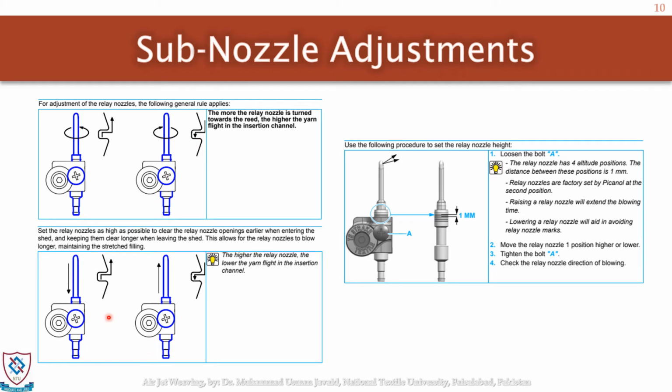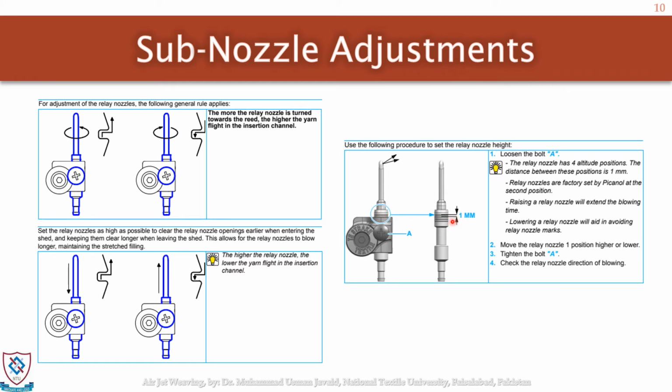Over here again the same thing. Here the twist is mentioned. Here the length of the protruding edge of the nozzle is concerned. If we keep it at the optimum position, we can increase the pressure. Otherwise it will not help to pressurize our weft beyond such a point.